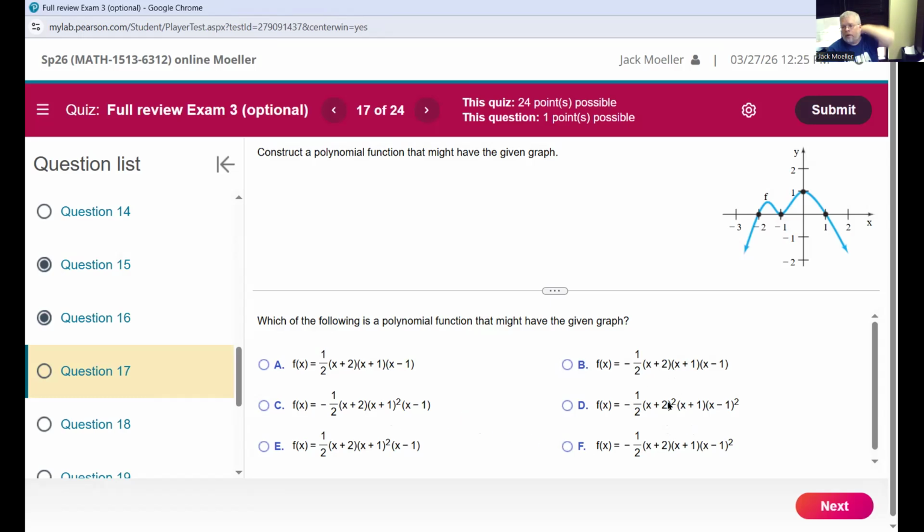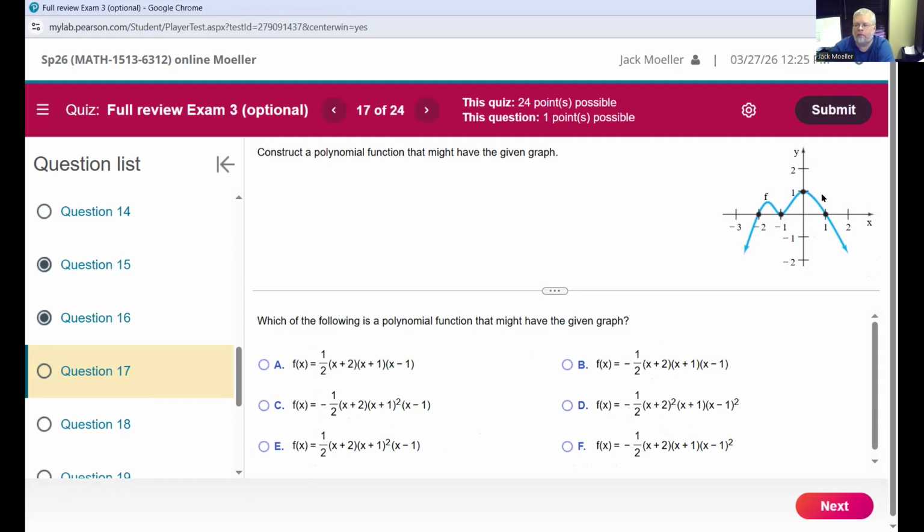So this really comes down to two things. One is some of these have +1/2, some of them have -1/2. Now notice they all have a 1/2. So realistically, we can ignore the 1/2. Basically what that does is make it wider and narrower, but they all have the 1/2. So what's important is is it a positive or a negative?